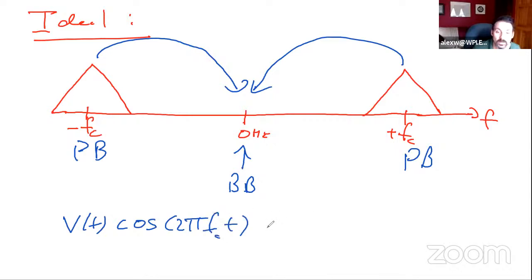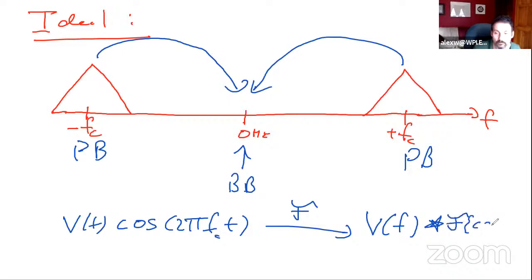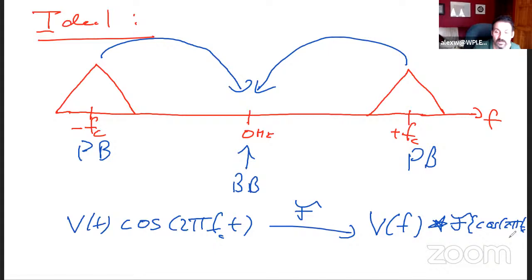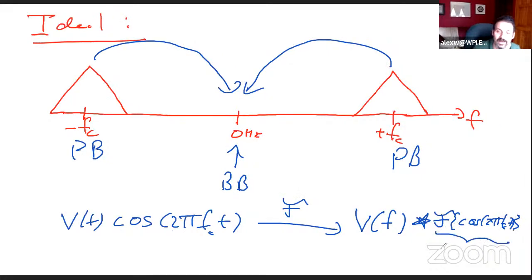Because what is this when I translate it into the frequency domain? It's going to be V of f convolved with the Fourier transform of this, which is delta of f minus fc plus delta of f plus fc.